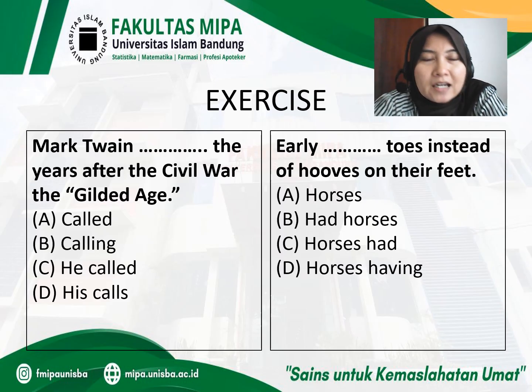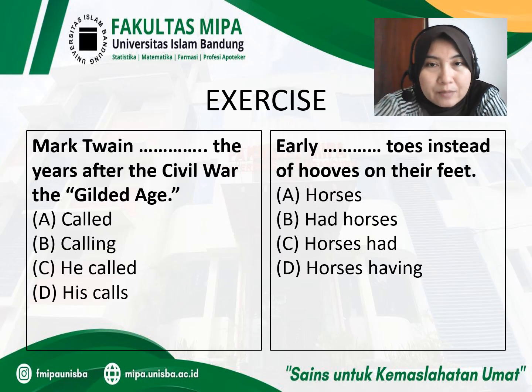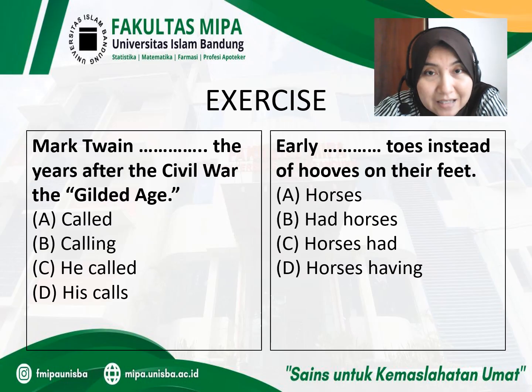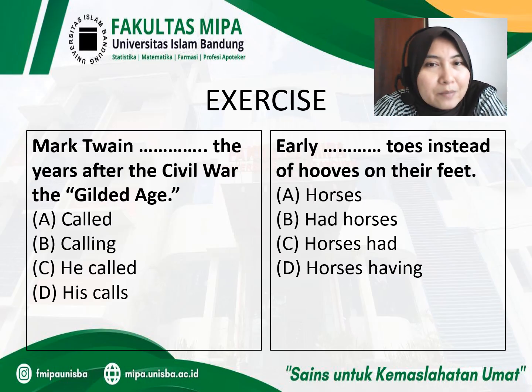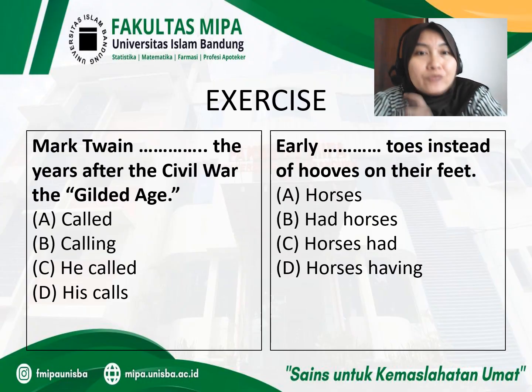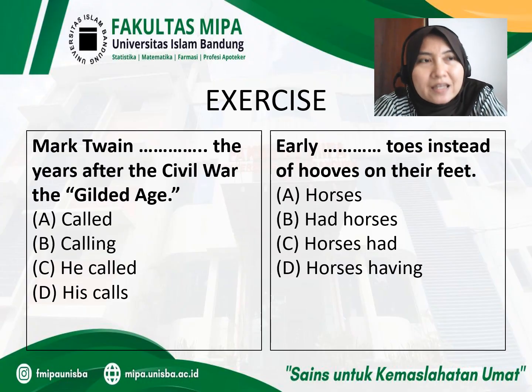Horses had includes both a subject and a past tense verb. Horses is the subject, had is a past tense verb, which makes a complete sentence. So the correct answer is C, horses had. These examples show that we must always check for a complete subject-verb pair and make sure nothing is missing or repeated.